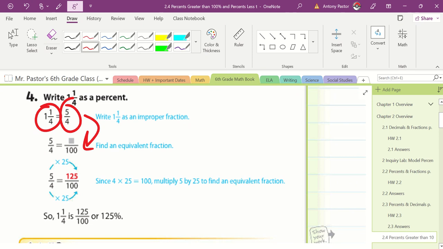If this is how your brain works, go for it. Again, math is a roadmap. We're not all taking the exact same directions. So if this works for you, go for it. You would still need to convert that 4 to be 100. You would need to know 4 times what would equal 100, which is 25. Your new fraction is 125 over 100. Same thing as saying 125%.